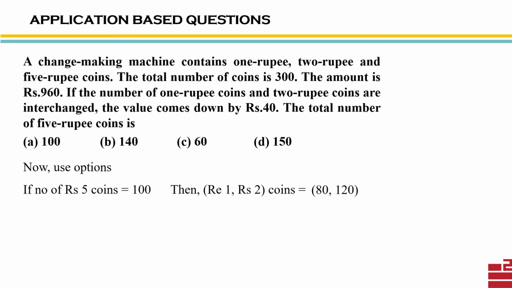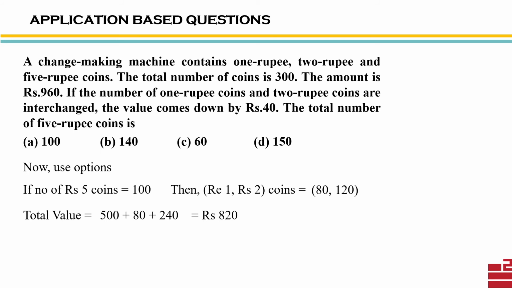That means 80 coins of 1 rupee and 120 coins of 2 rupees. In that case, the total value comes out to 820 rupees, which does not match what is given in the question. So we try something else.